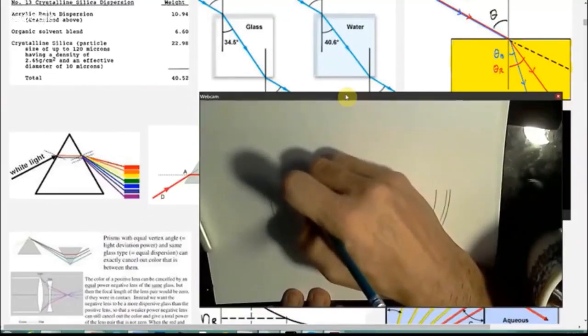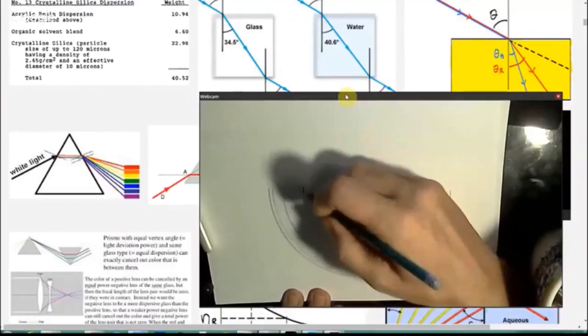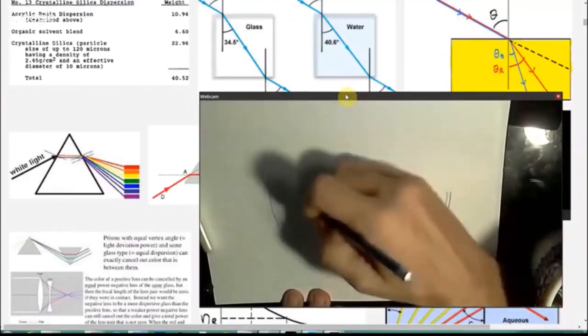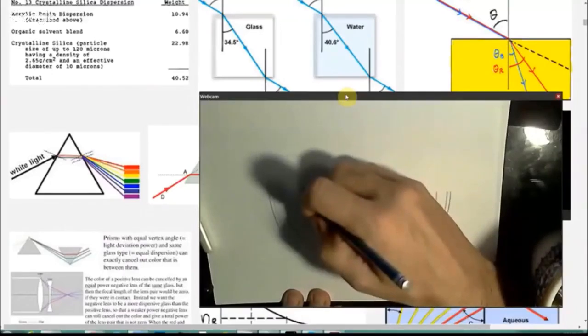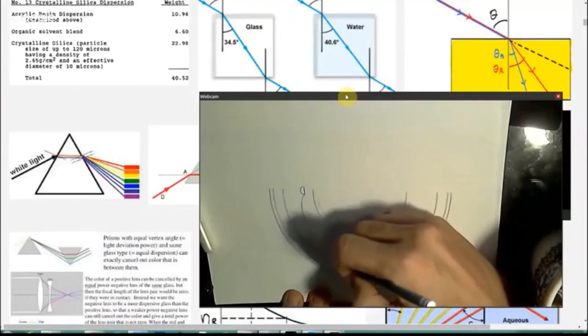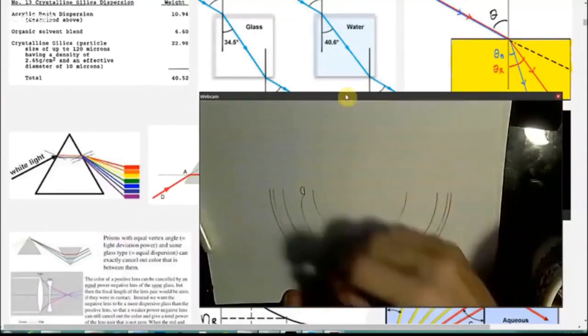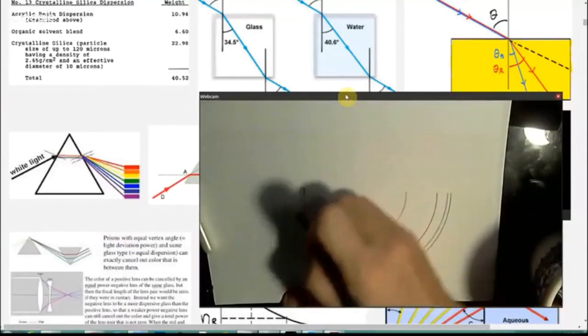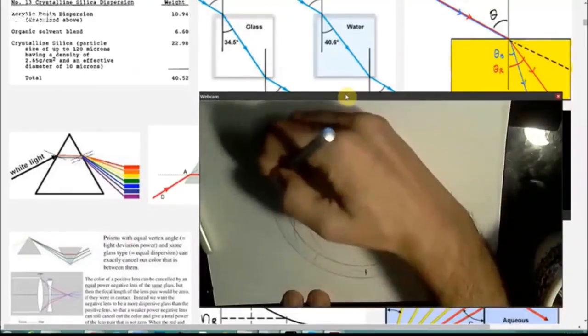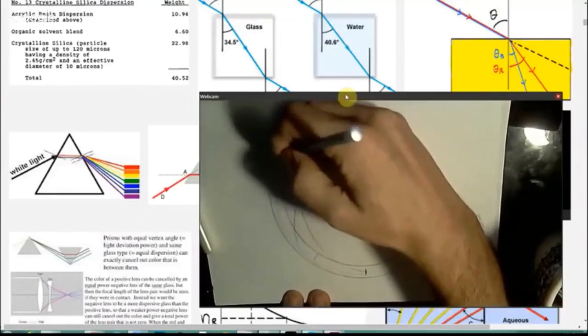All right. So it's bending. If this is the east and this is the west, sunlight is bending around like that and hitting your eye. It's bending less severe when you're closer to the sun.